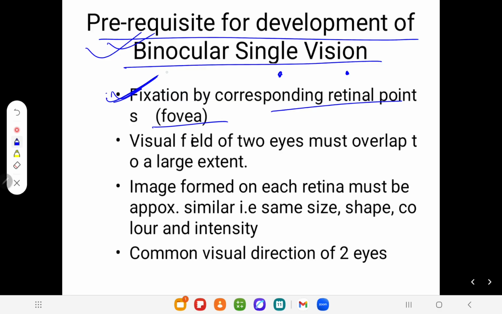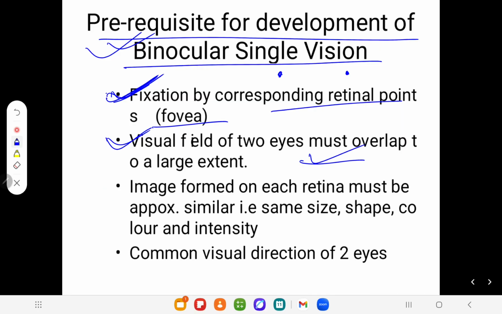So that's why first you have to have corresponding retinal points at the fovea, and then the visual fields of the two eyes must overlap to a large extent. You know that approximately 120 to 140 degrees of the visual field in front of our eyes is overlapped, and it's so crucial that it has to be overlapped. Otherwise we don't have a playground over which binocular single vision occurs, isn't it? So that's why the visual fields of the two eyes must overlap.